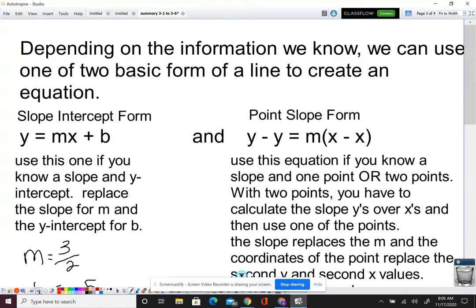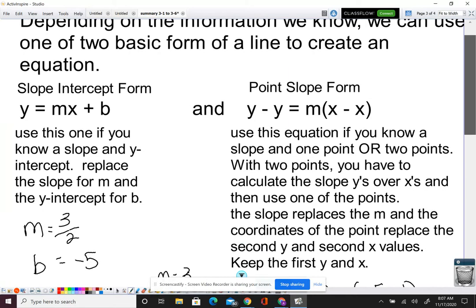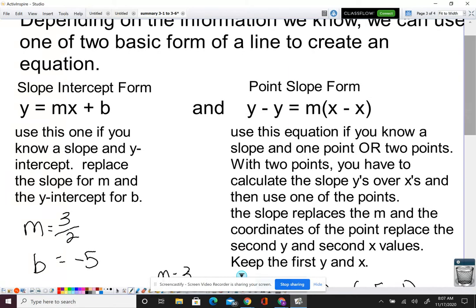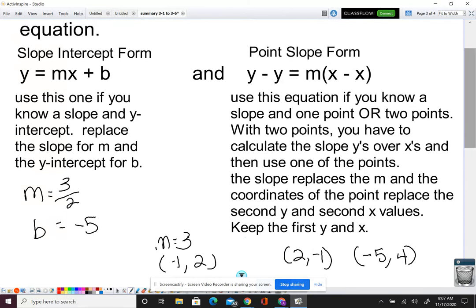Okay, now this is where we kind of left off. We were looking at this. We started getting a grasp of this, but there's two forms of a line that we can use: the slope-intercept form and the point-slope form for when we are creating an equation. The slope-intercept, you have to know the slope and the y-intercept in order to use that. So once we know the slope and the y-intercept, we replace the slope for m, and we replace the y-intercept for b.